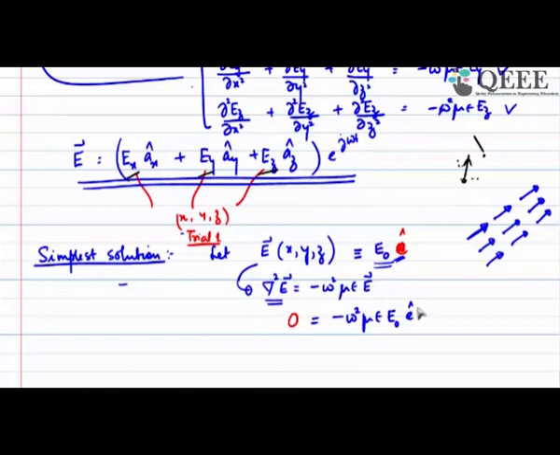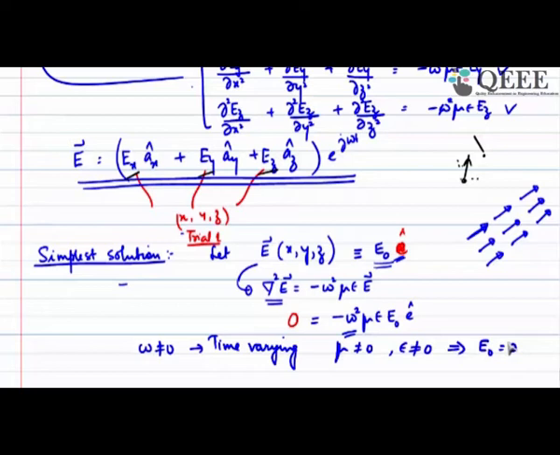What does this mean? Omega square cannot be 0 because I am talking about time varying fields. So omega is not equal to 0 because there is some variation. Mu is not equal to 0, epsilon is not equal to 0, which implies E naught is 0.